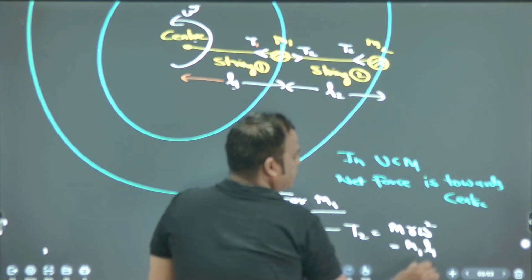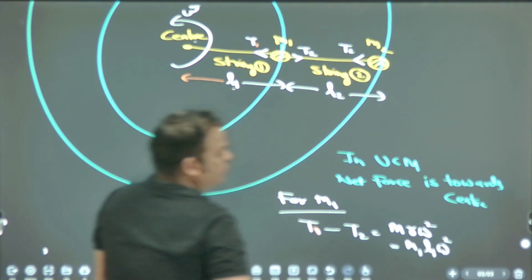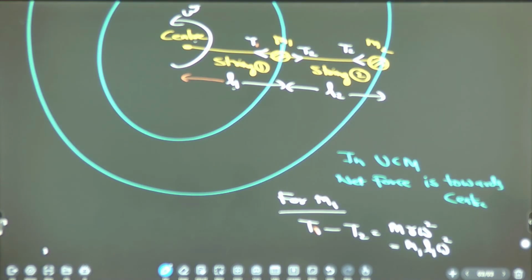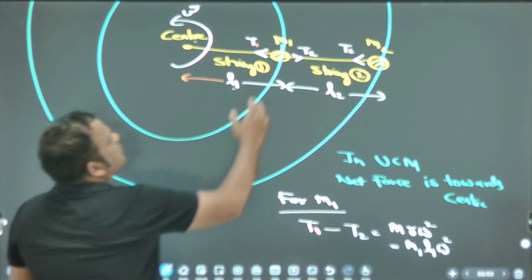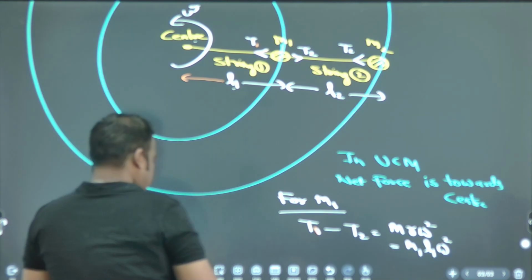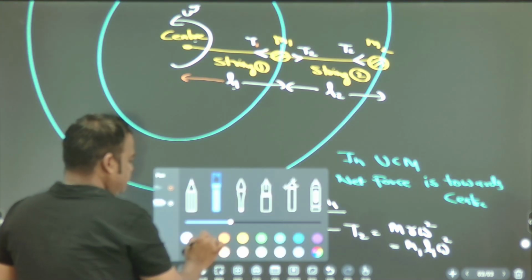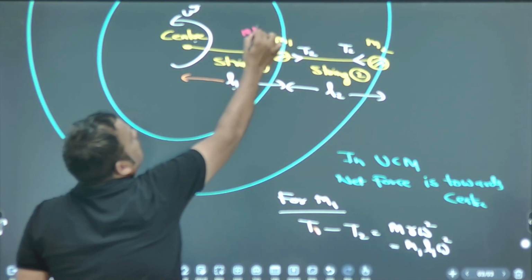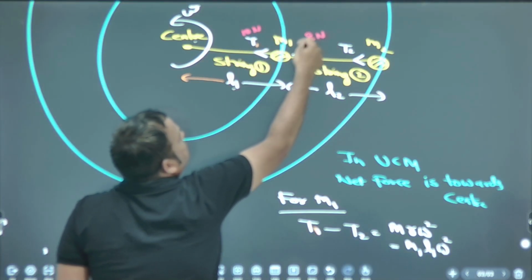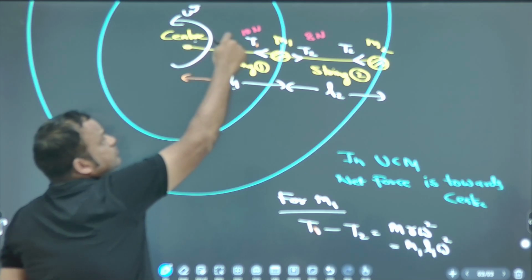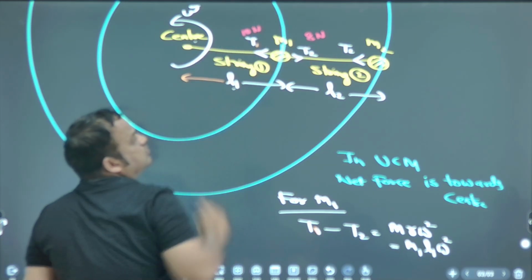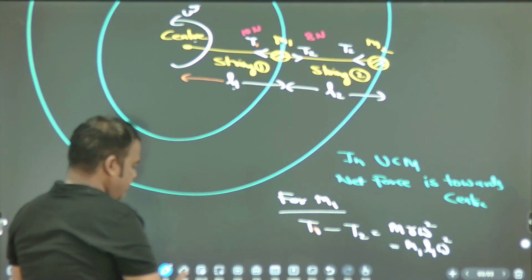So M1 L1 omega square. Are you getting? Suppose T1 is 10 Newton. I'm just giving one example. Suppose T1 is 10 Newton, T2 is 8 Newton. So what is the net force towards center? 10 minus 8, 2 Newton.